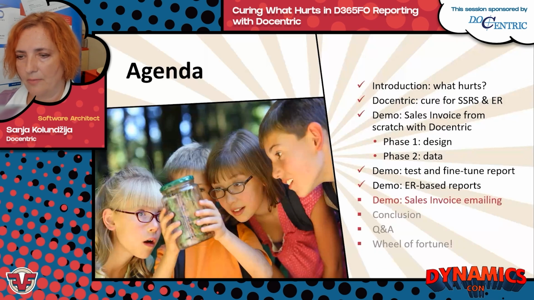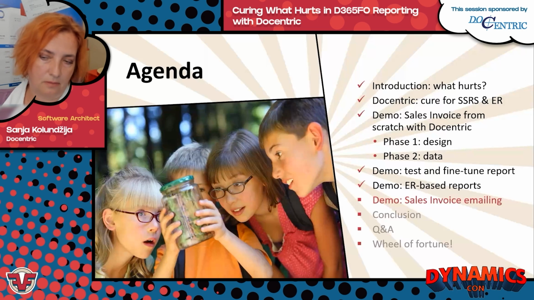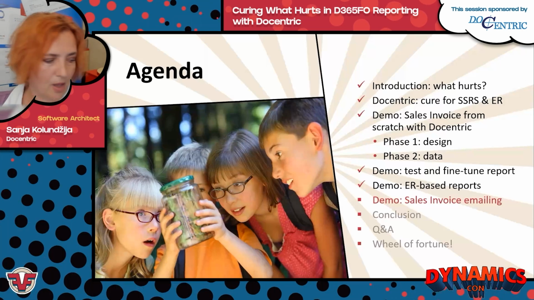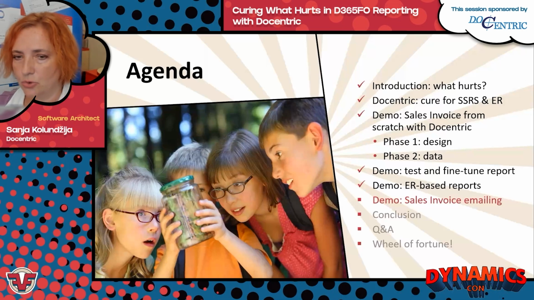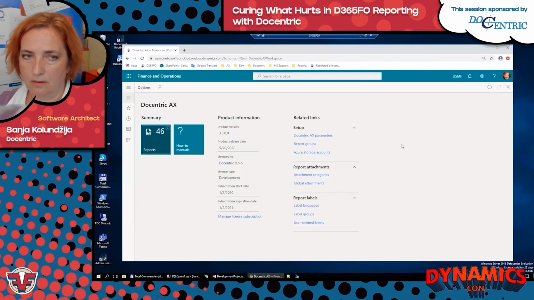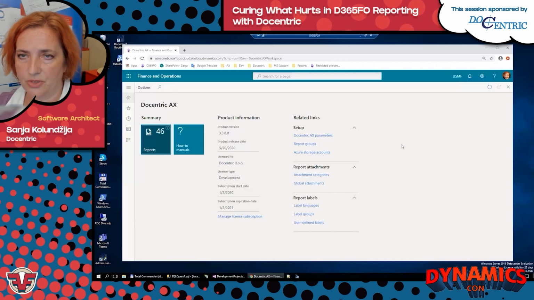The next demo I want to show you is the experience with emailing this same sales invoice. For that, I will need to go into my development environment. For demonstrating how sending emails through Docentric goes, I will show you on my development environment.